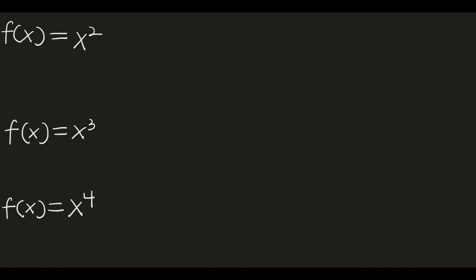So I have written three functions that we want to find the derivative of using the power rule. And so we are going to work from top to bottom here. We are going to start with f of x equals x squared. Well, in order to do this, we can write out f prime of x equals 2 times x to the 2 minus 1 power.